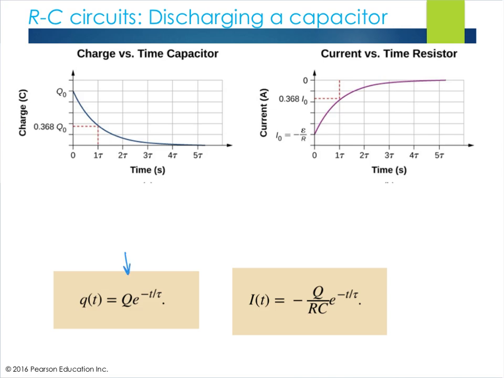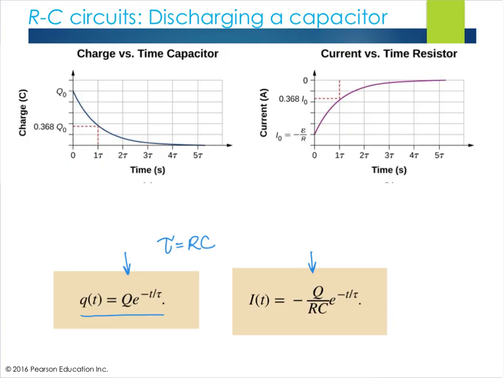These are the expressions for current and charge for a discharging capacitor. This one is maybe easier to recognize. That is just something that's exponentially falling off. Here, tau is still equal to the resistance times the capacitance. And here's what I said.